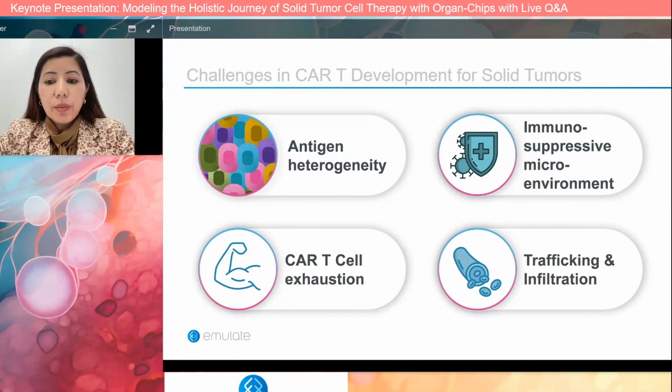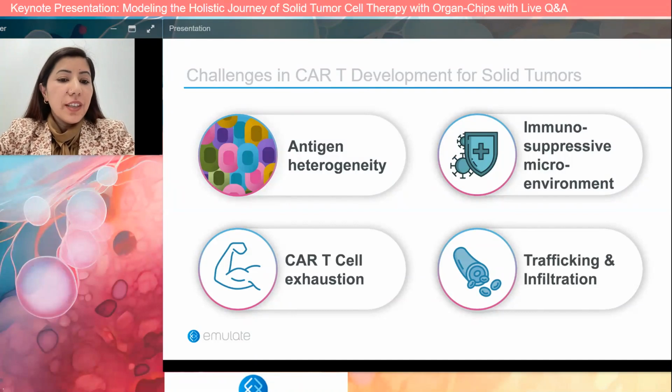However, in solid tumors, there are multiple factors that limit the efficacy of the CAR T cells even if they are there. The third factor is CAR T cell exhaustion, which means that even though the CAR T cells infiltrate, they might not be capable of killing those tumor cells.